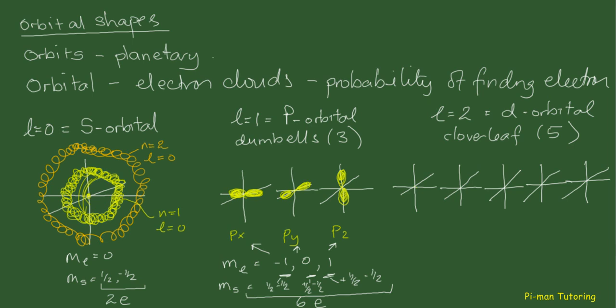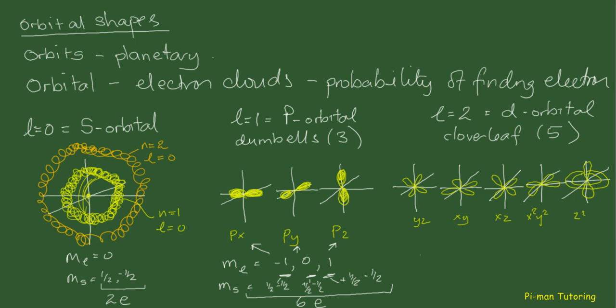So we have a cloverleaf in this plane, a cloverleaf in this plane. So this would be YZ, this would be XY, this would be XZ. There's a dx squared minus y squared that aligns with the axes, and then there's a dz squared, which is a really odd one, aligns with the z-axis, and there's actually a donut that goes around it.